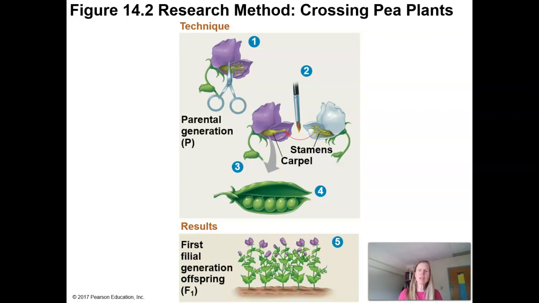Okay. And so what these experiments end up looking like, right, is that Mendel is mating two contrasting true breeding varieties, right? So he's taking a purple flower and mating it with a white flower. And these are called the parental generation. That's the true breeding parental generation.